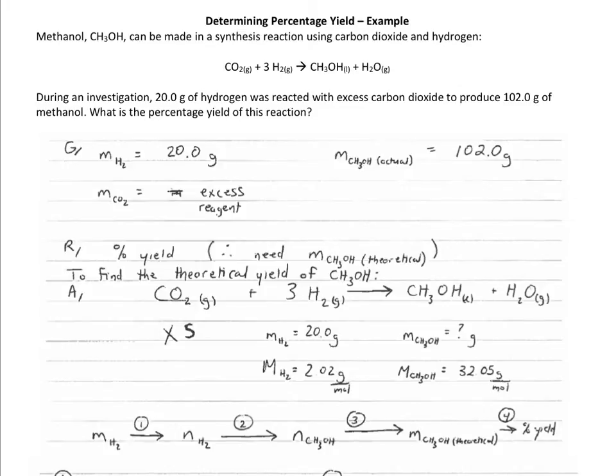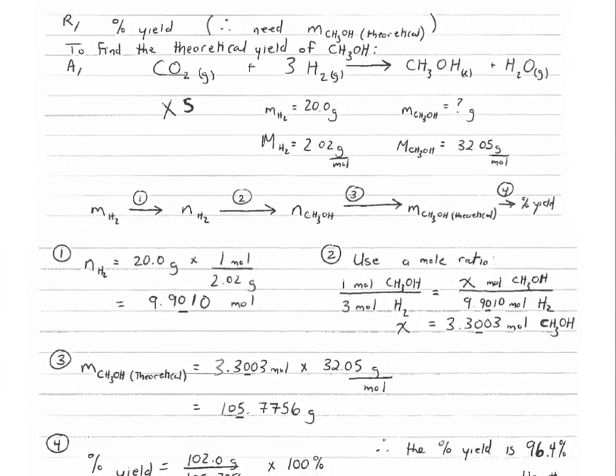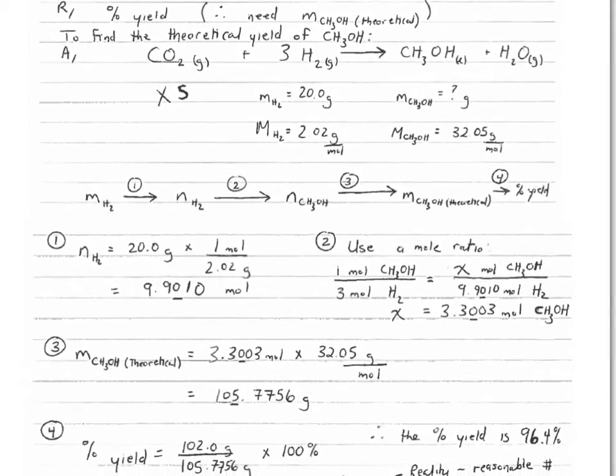To organize stoichiometry problems, as you've seen before, I like to start with the balanced chemical equation, and then take all the information that is given, so the fact that we have 20 grams, and that we have lots of carbon dioxide, or it's the excess reagent, and use the chemical equation to organize that, as well as what we are trying to find, which is the mass of methanol that should be produced in theory.